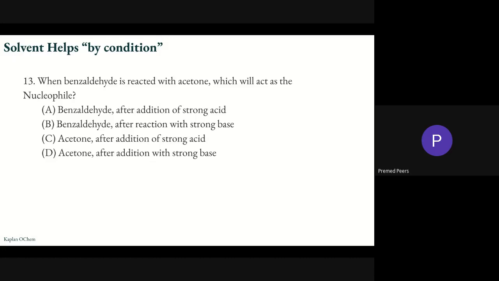And what happened with that polarized positive charge on the carbonyl carbon on the benzaldehyde as the electrophile, then it makes the acetone more capable to react towards the benzaldehyde.